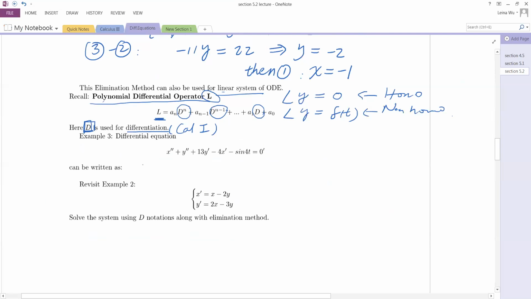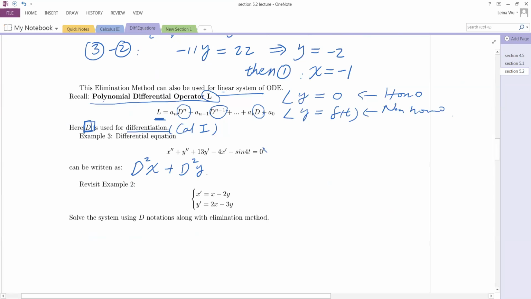Let's first familiarize ourselves with this D notation. Suppose we have this differential equation, x double prime plus y double prime plus 13y prime minus 4x prime minus sine 4t equals 0. Oh, sorry, there's no 0 prime, just 0. How do we rewrite this in terms of the D? D squared x, we can just write D squared x plus D squared y, right?